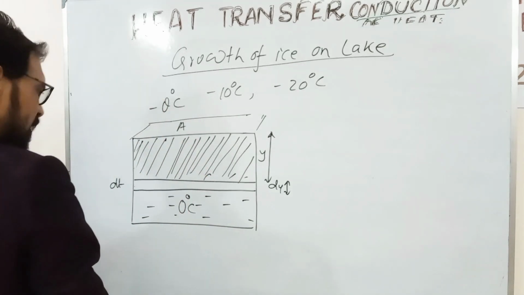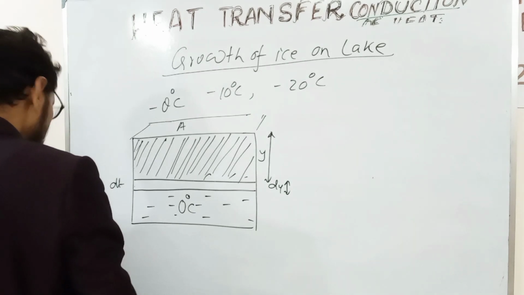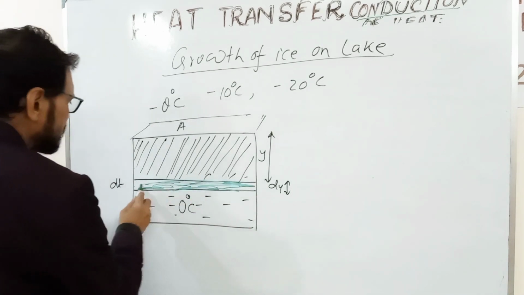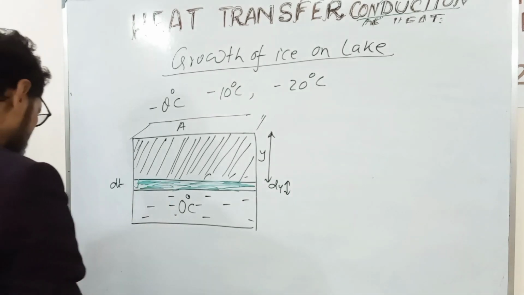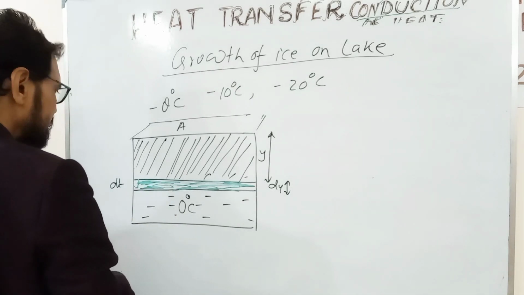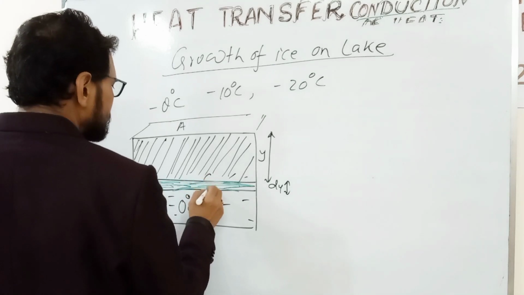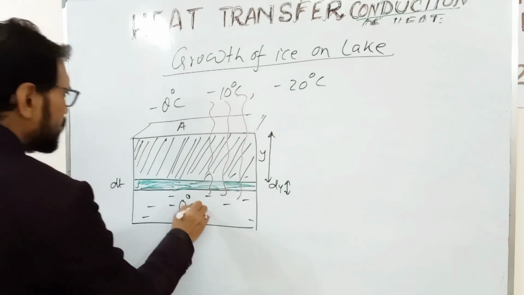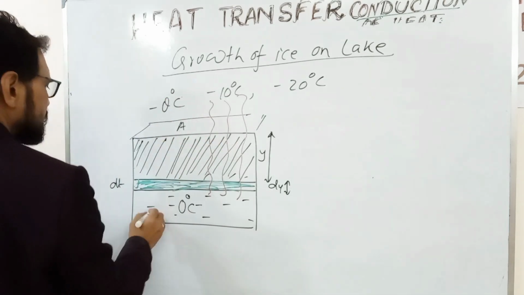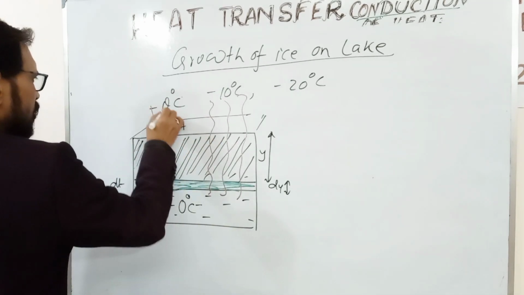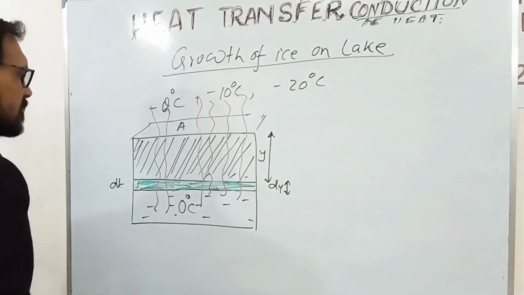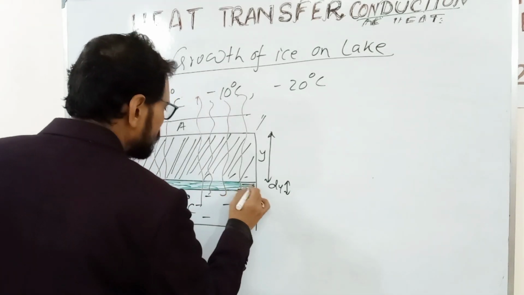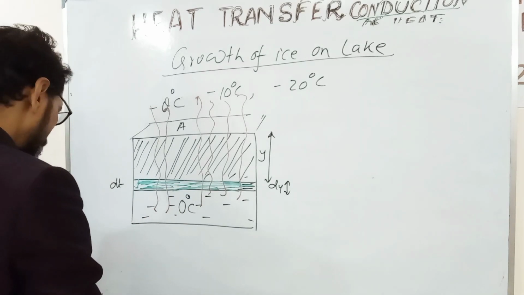Now to form this amount of ice, heat must be rejected. So from this, heat is rejected to the surroundings. This is the hot reservoir, this is the cold reservoir. So heat is rejected from the hot to cold. Now what is the amount of heat rejected to form the ice of mass dm?